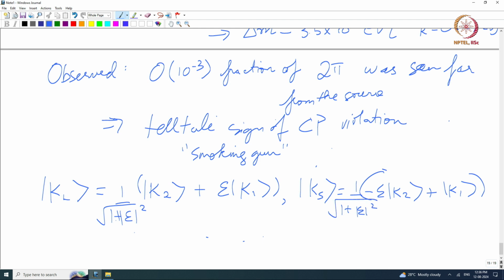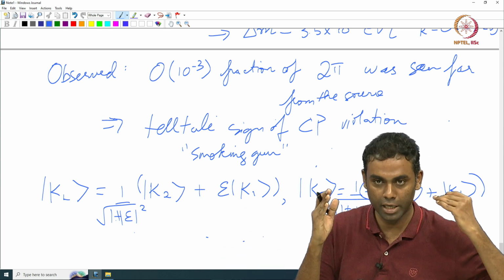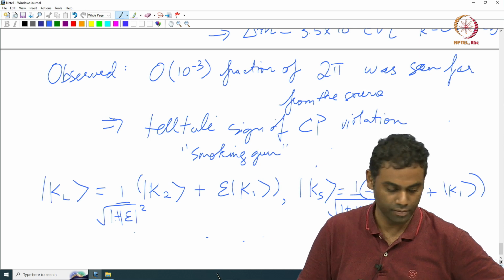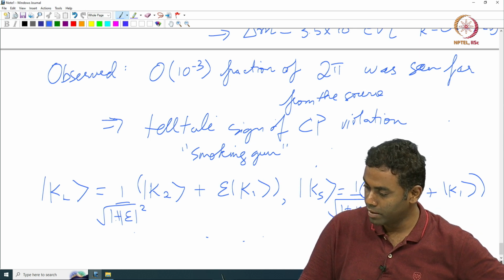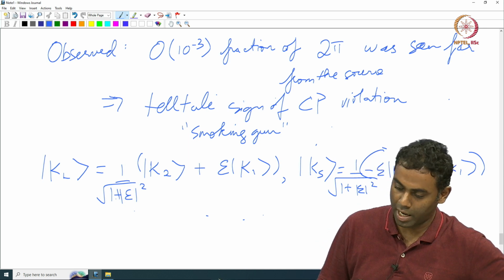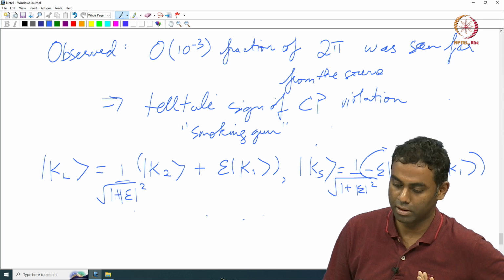Okay. So now you can work with these two eigenstates, something that is long lived and something that is short lived: the one that goes far away and decays to 3 pions and some 2 pions, and the one that is short lived and decays to 2 pions, and a bit of 3 pions as well, right. So if you parameterize it this way, it gives you a nice parameter epsilon to characterize CP violation in a measurable way, right.